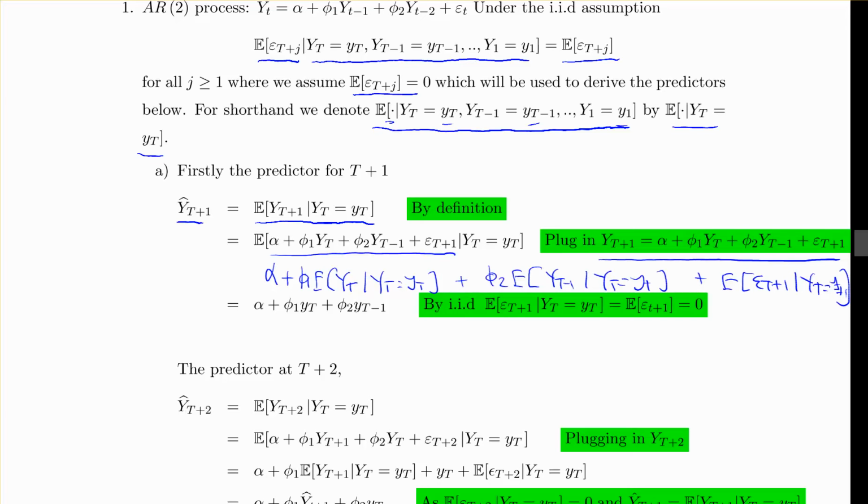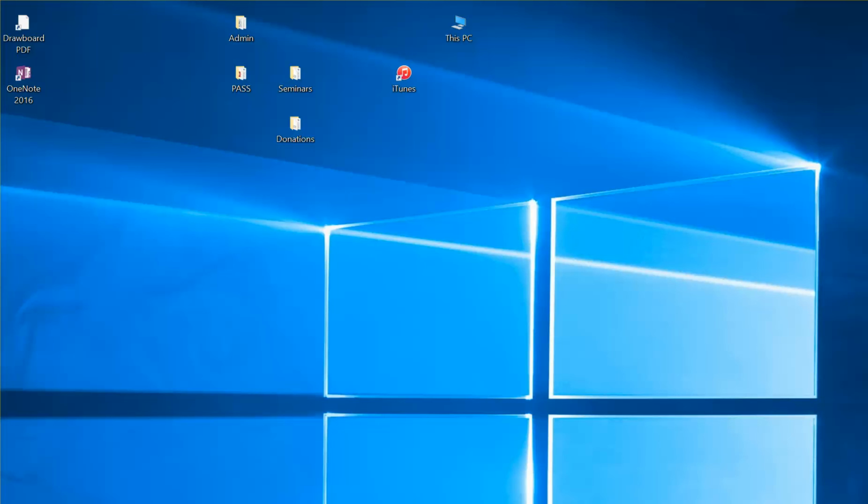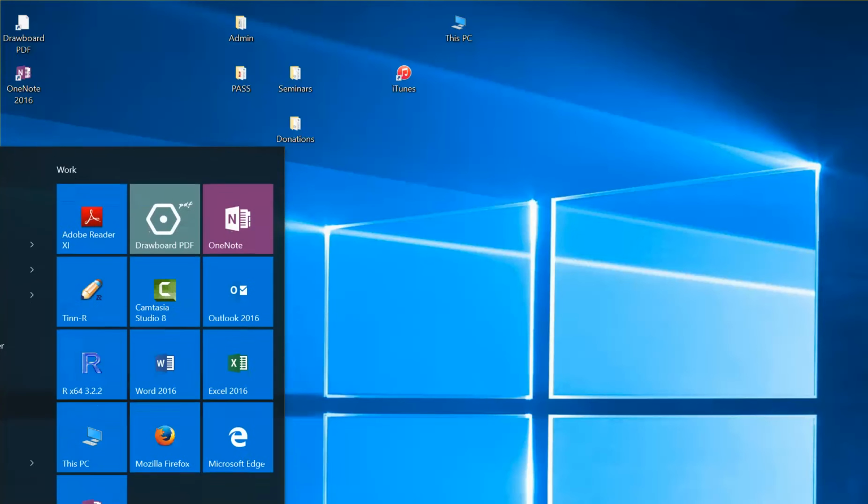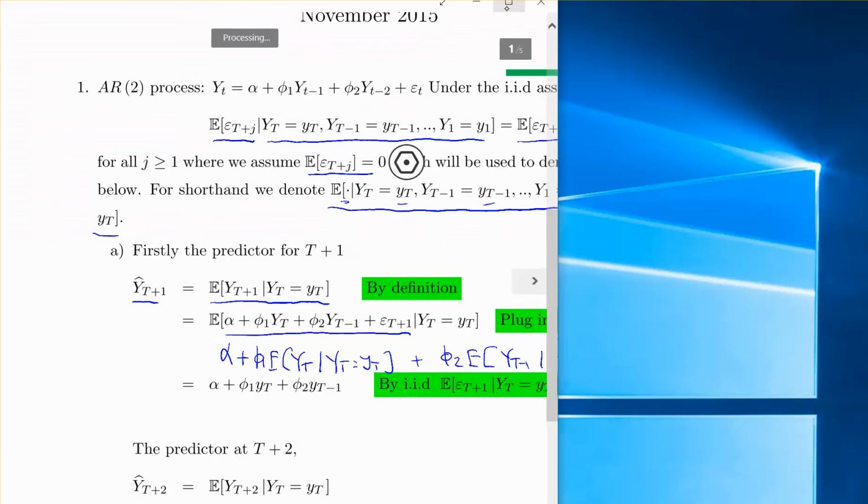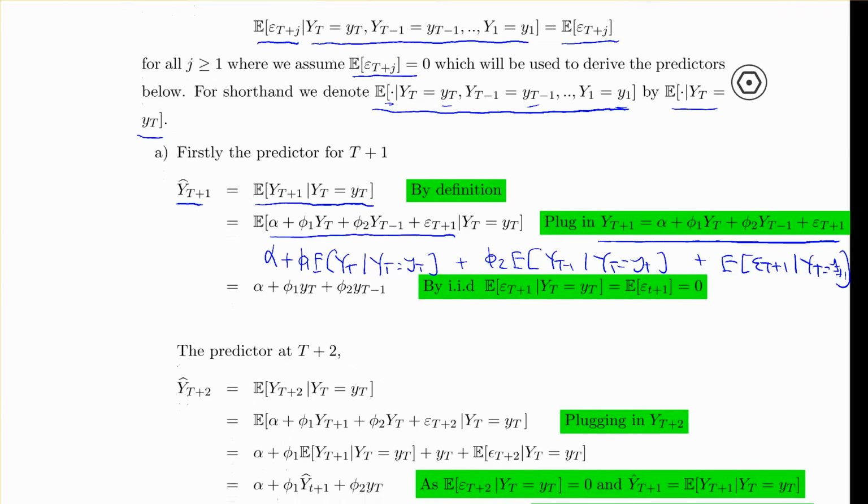So again, the average value of yt, given that yt equals little yt, is just little yt, sorry about that. And again, when we condition on yt, then we know exactly what value it took. Therefore, it's no longer random, it's just fixed.